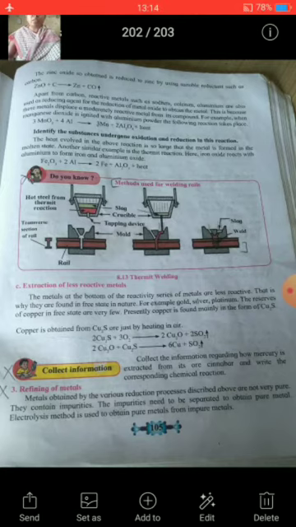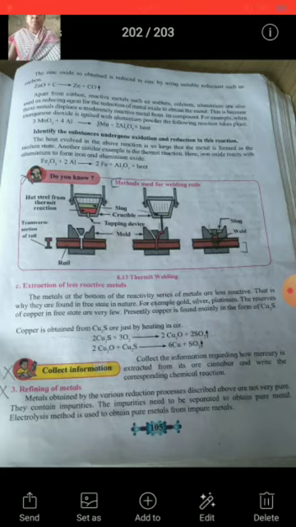Oxidation means combining with oxygen or removal of hydrogen, and reduction means combining with hydrogen or removal of oxygen. In this reaction, manganese oxide is reduced, it forms manganese, and aluminium reacts with this oxygen and forms aluminium oxide. Here aluminium is oxidized. The heat evolved in the above reaction is so large that the metal is formed in the molten state. Due to the large amount of heat, the metal formed is in molten state.